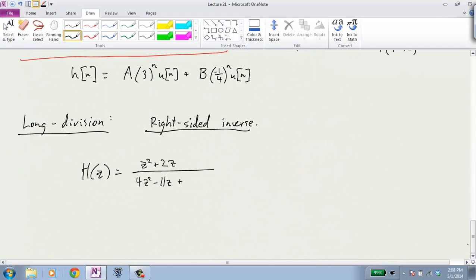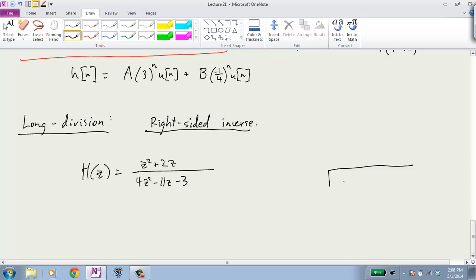Minus 3. Okay. So what I can do is look at what happens if I just try to divide this out like you would do long division.